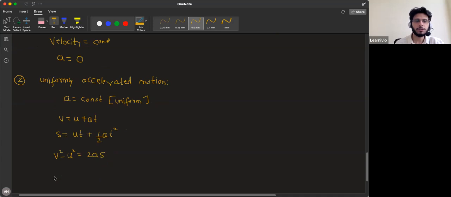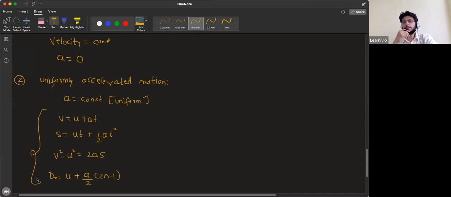Or you can use this equation dn is u plus a by 2 into 2n minus 1. So if your motion is uniformly accelerated, means if acceleration is constant, then you can use these equations. Just tell me the meaning of each and every term. What is v here?